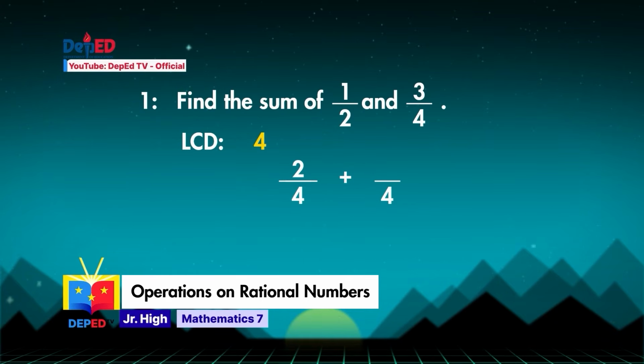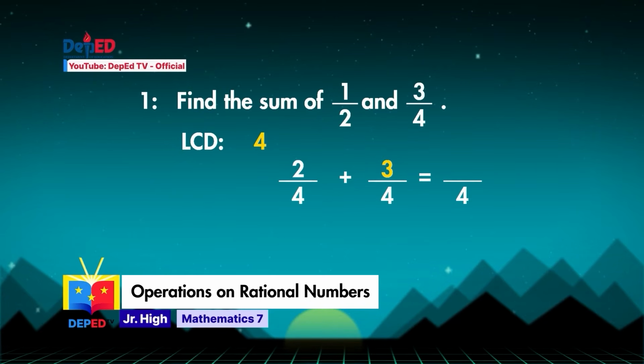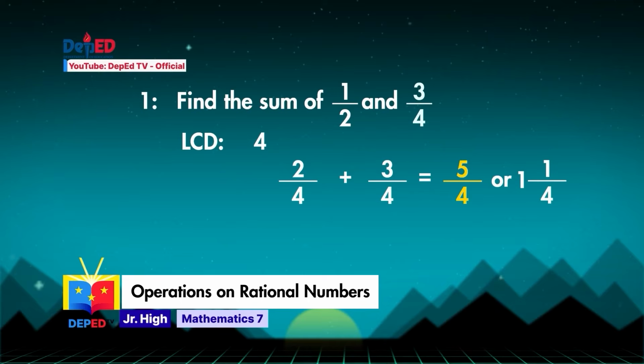Plus 4 divided by 4 is 1, times 3 is 3. So, 2 plus 3 is 5. The correct answer is 5 over 4 or 1 1/4.